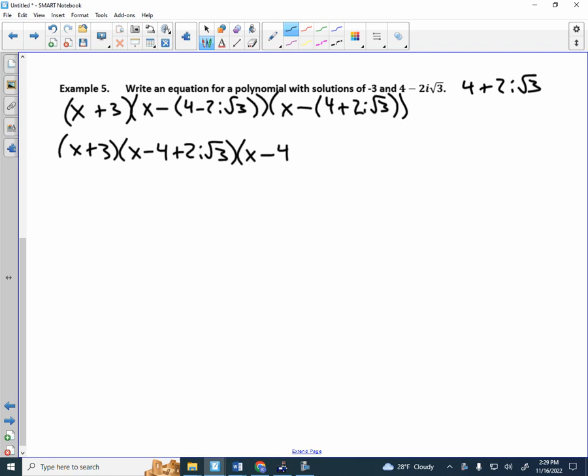See how it stays minus 4, but the other one changes to minus 2i roots of 3. So again, people make mistakes with that first subtraction sign. Always, the fundamental theorem of algebra says to write it as x minus, okay? So that's what we would do. I'm not worried about the x plus 3. That's not going to cause me any issues. I am worried about the x minus 4 plus 2i roots of 3 times x minus 4 minus 2i roots of 3.